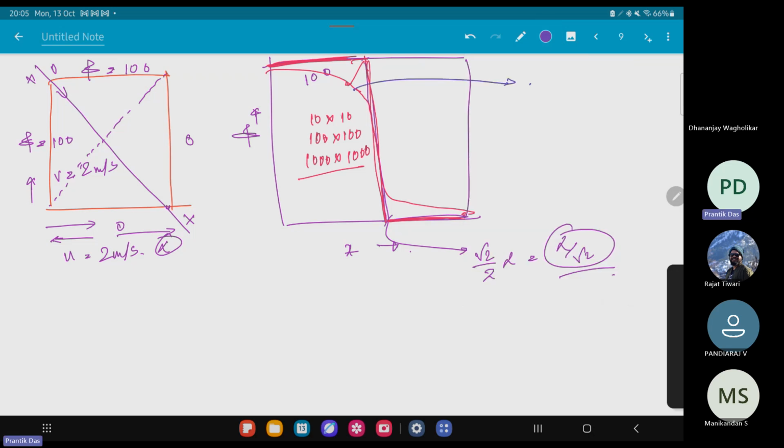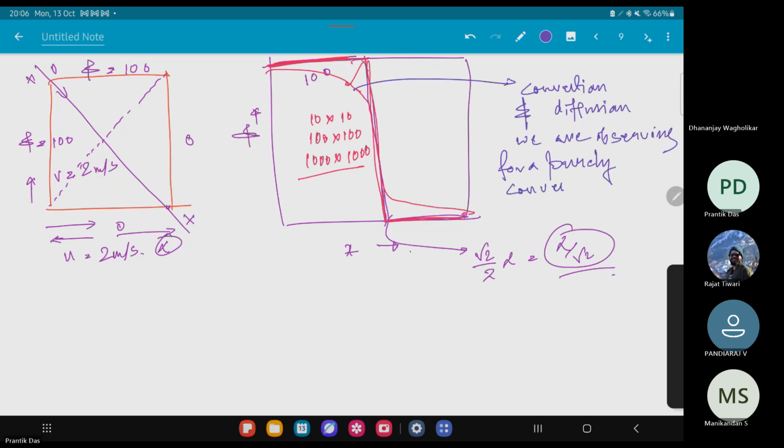Though the problem is purely convective in nature, after solving, due to numerical artifacts, we are seeing both convection and diffusion.